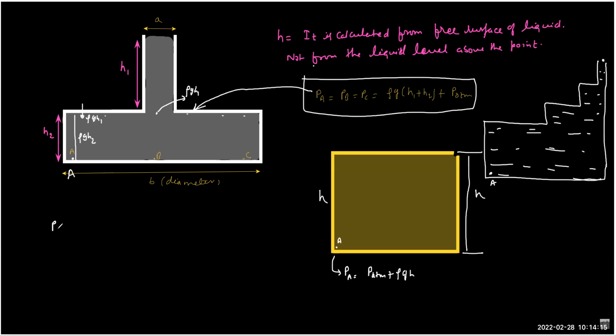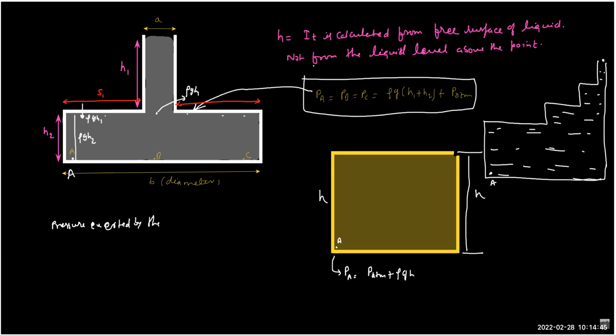So the pressure exerted by the, let's name it something, call it surface S1 and surface, okay, this is one surface basically.